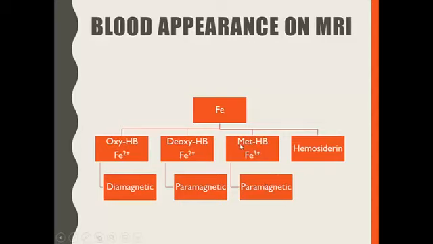Methemoglobin will further undergo an oxidative denaturation process and will result in hemosiderin. Iron will still be in the ferric state, but it will contain many unpaired electrons in its outer shell. And hemosiderin is considered a super paramagnetic material, so it will create more and more susceptibility.